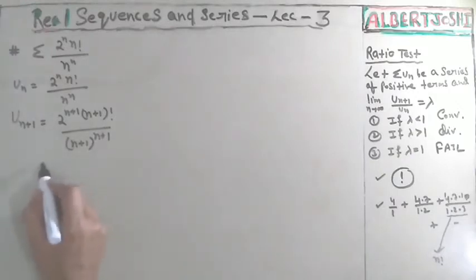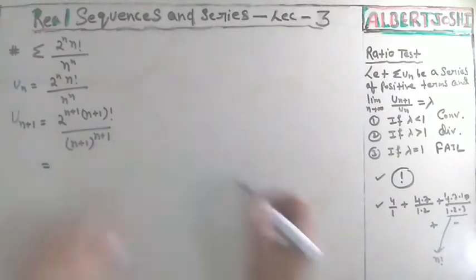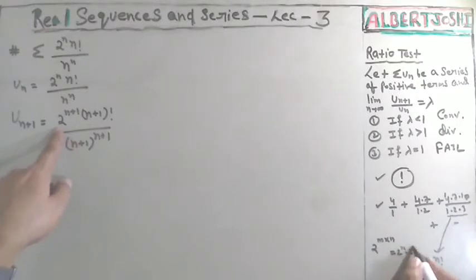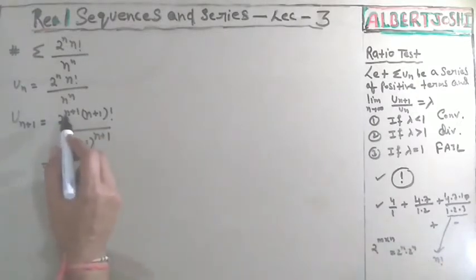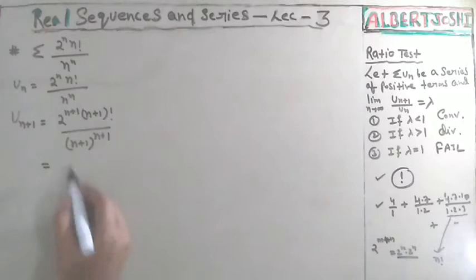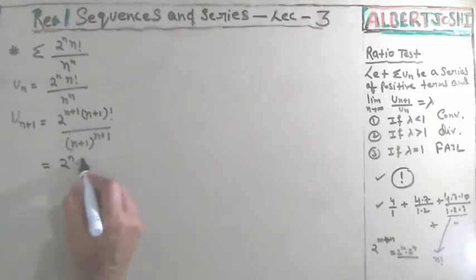So now we will use some high school methods. You know that 2 to the power m plus n, you can write as 2 to the power m into 2 to the power n. Similarly, 2 to the power n plus 1, you can write as 2 to the power n into 2.